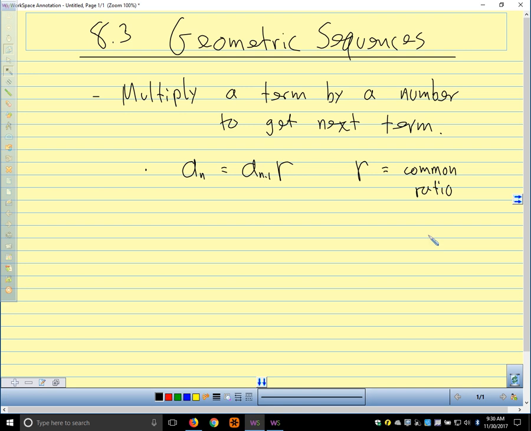The reason is that if I divide both sides of this equation by a sub n minus 1, we get r, the common ratio. So we divide a term by the previous term, we get the same number every time. Just like with arithmetic sequences, if we subtracted, we got the same number. We had a common difference.